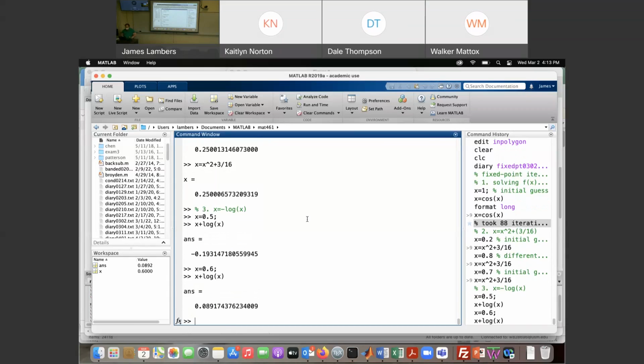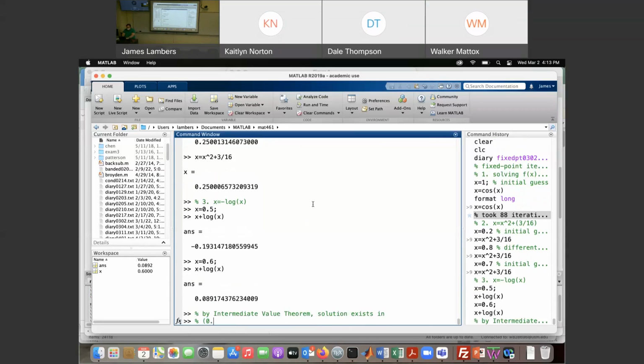So by the intermediate value theorem, a solution exists in the interval 0.5 to 0.6. Also, the derivative is 1 plus 1 over x.